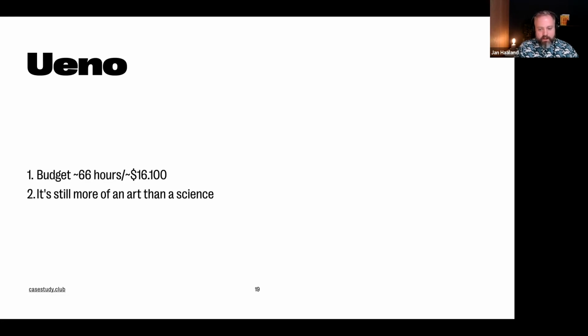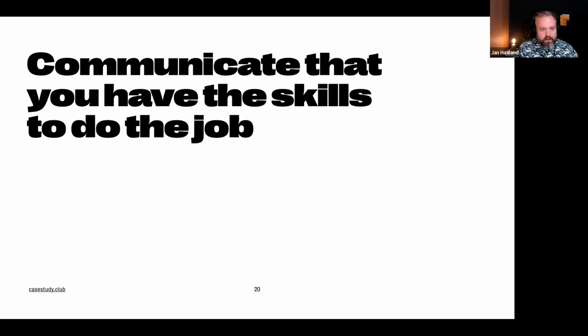So the art of writing case studies. We first need to find out what kind of skills they're looking for if we want to actually communicate that we have the skills to do the job. You can go into the job post to see if you can uncover that there, which can be hard sometimes because job posts are usually a copy of a copy of a copy.